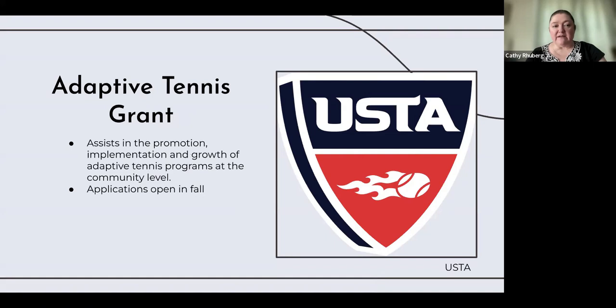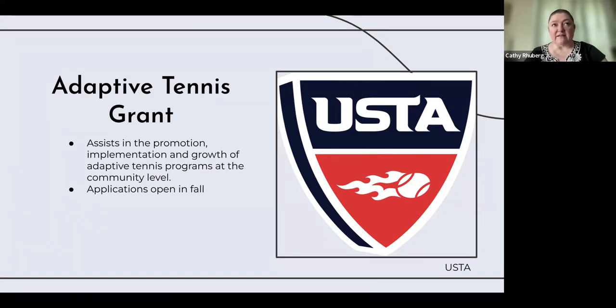The next one from the Tennis Association is for adaptive tennis. These will reopen in the fall, but again, you can click on the link and read information about how to get ready to apply for the grant. This assists in promotion, implementation, and growth of adaptive tennis programs at the community level. So the other was collegiate, this is community.